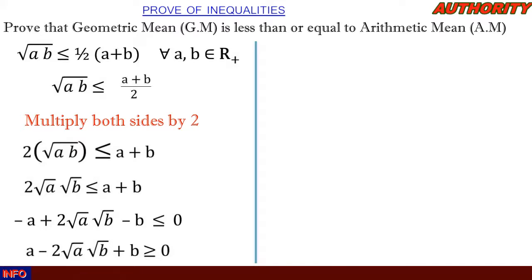Now that means here we are having A minus 2 root A root B plus B is greater than or equal to 0. Is that true?